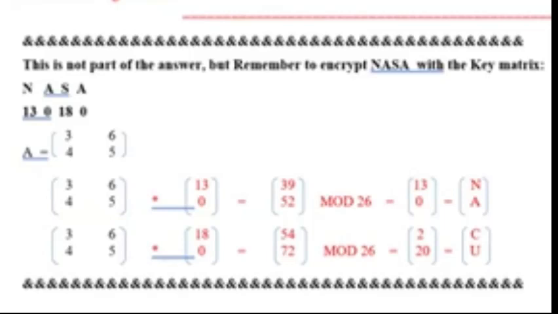You have to change it into mod 26 and then get the value of the characters. N is 13, A is 0, and multiply this matrix into 1360, and that's what we got, 13020, and that's NACU. And then we deciphered that.